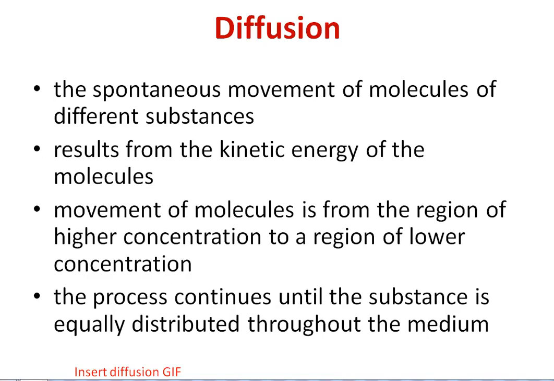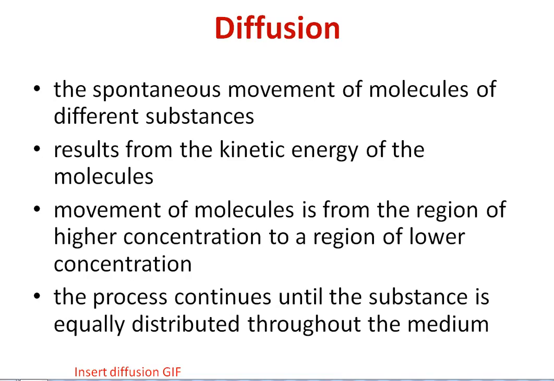The closer they are to each other, the more that they bump into each other. And movement of molecules is, as we have mentioned, from a region of higher concentration to a region of lower concentration. This process of movement will continue until the substance is equally distributed throughout the medium.